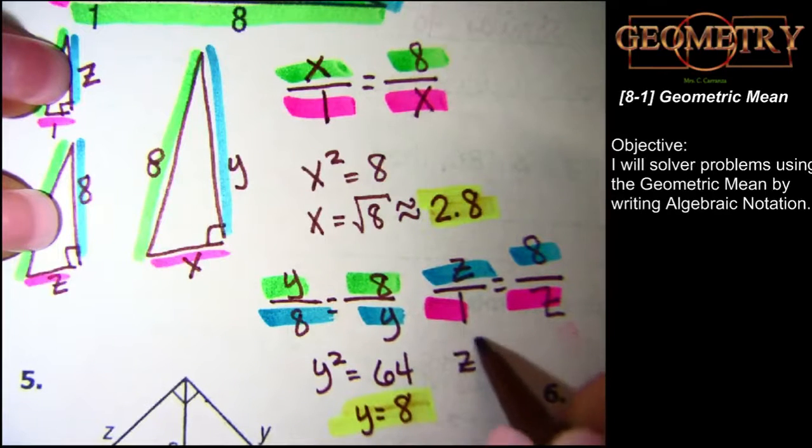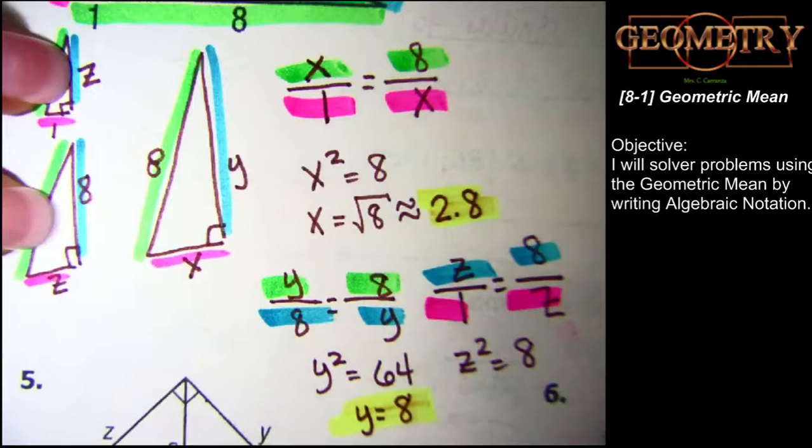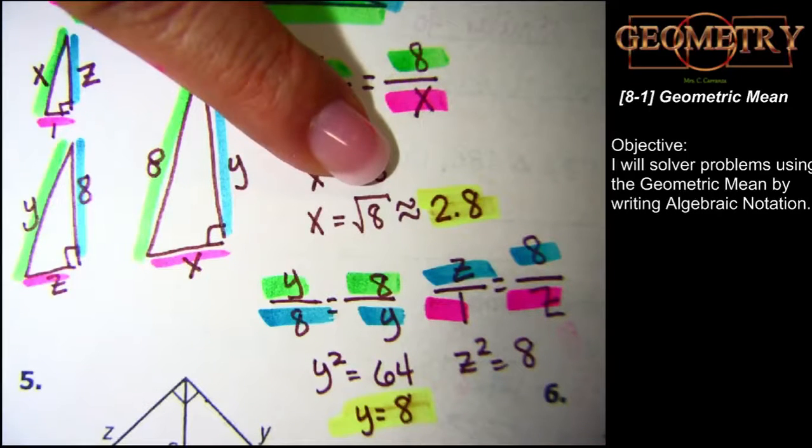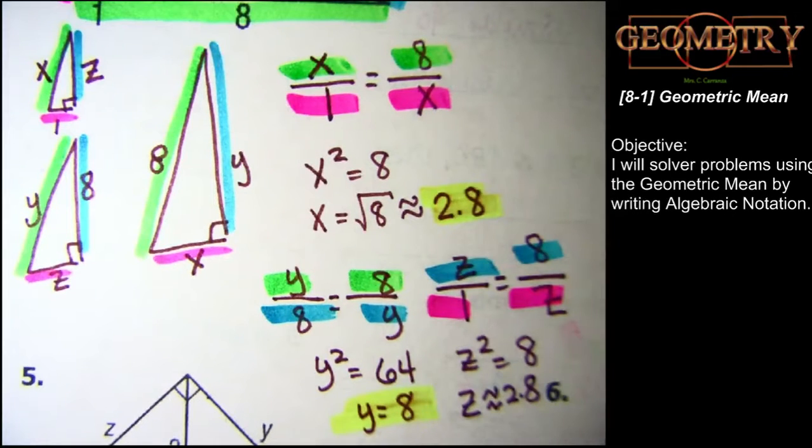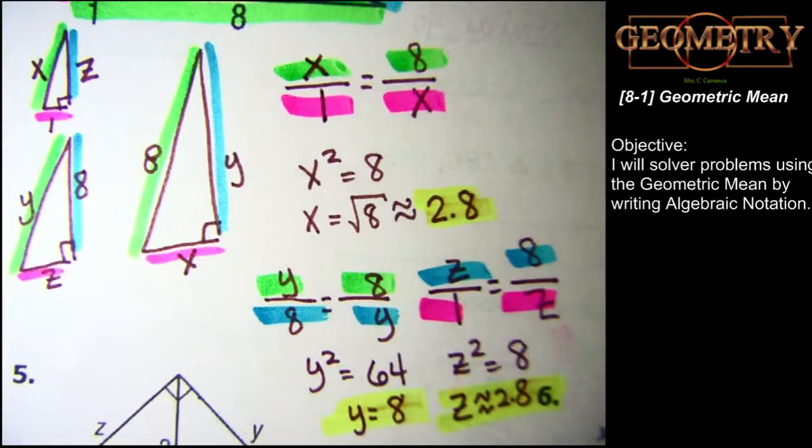Oh, z squared is 8. I don't need to go to my calculator. I've already got that right here. So I can just copy that. Yes? Feeling okay with this one?